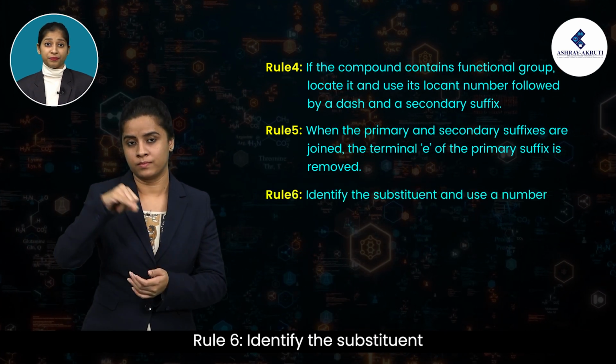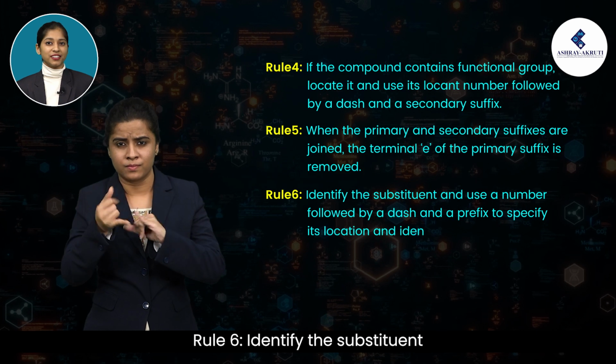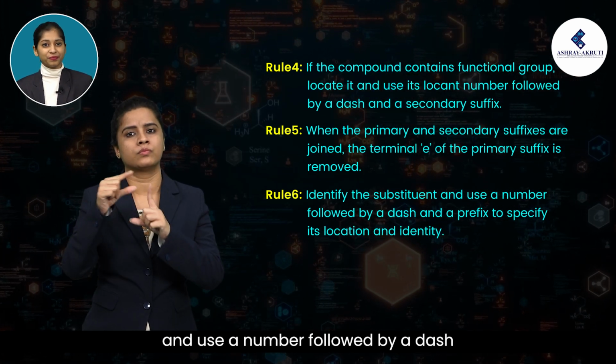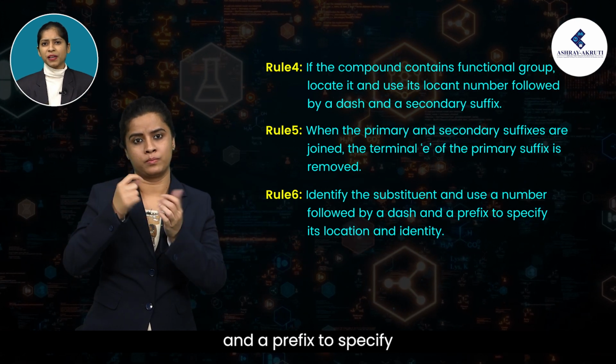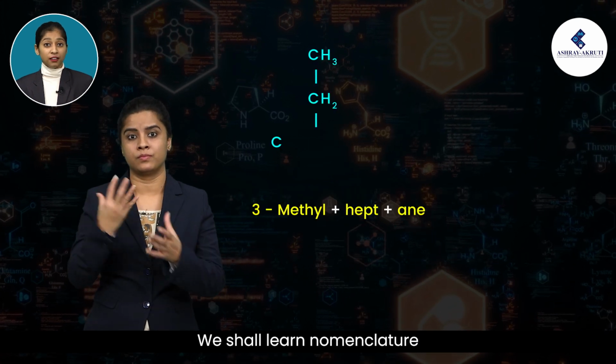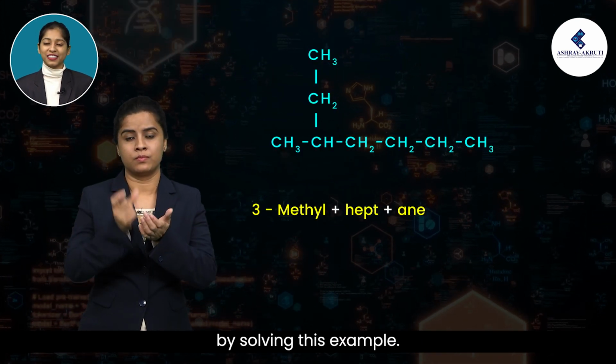Rule 6. Identify the substituent and use a number followed by a dash and a prefix to specify its location and identity. We shall learn nomenclature by solving this example.